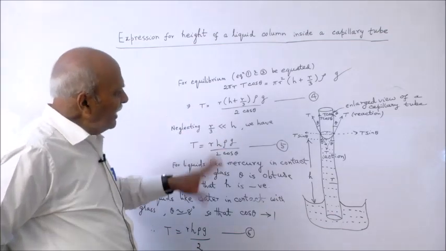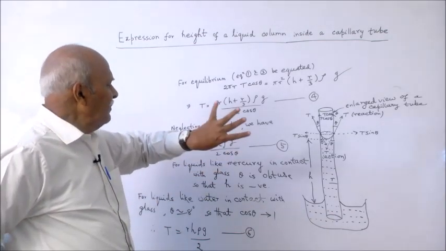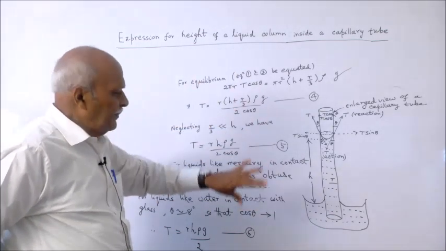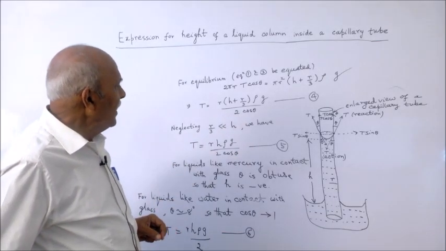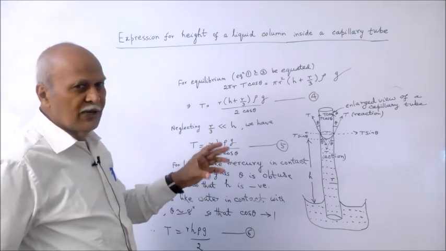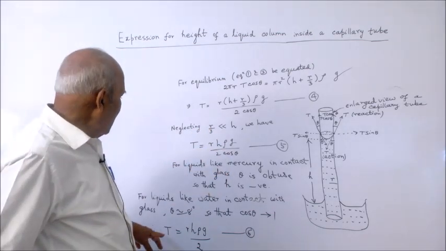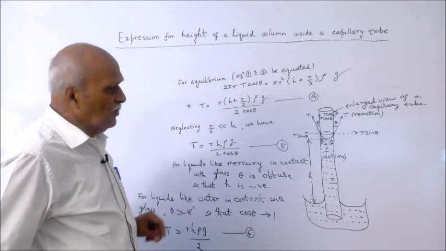And in the actual experiment, many such capillary tubes are dipped into the beaker containing water, and heights h1, h2, h3 they are measured, and different values of surface tension are found.